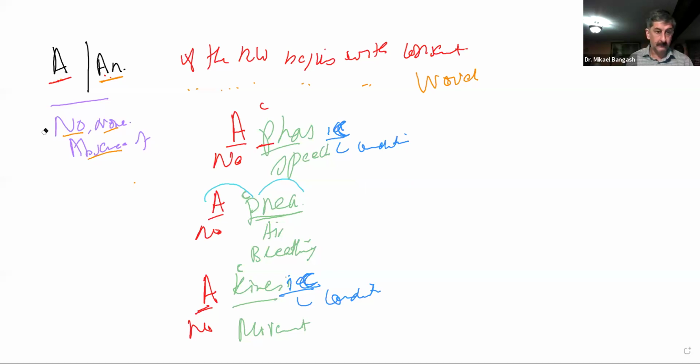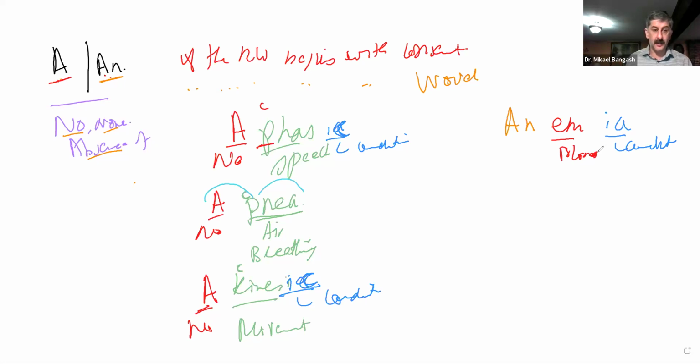We have some words that start with a vowel, where we use an. Now that is what we call an-emia. Here the ia indicates that this is a condition, and em is blood.